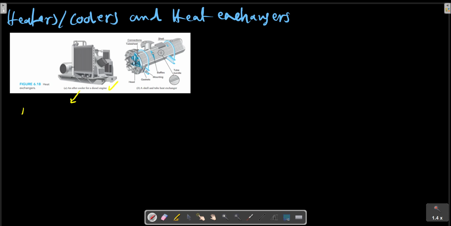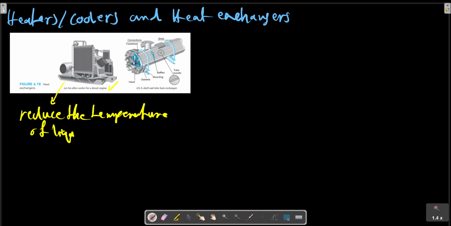The other reduces the temperature of liquid water before entering the engine.